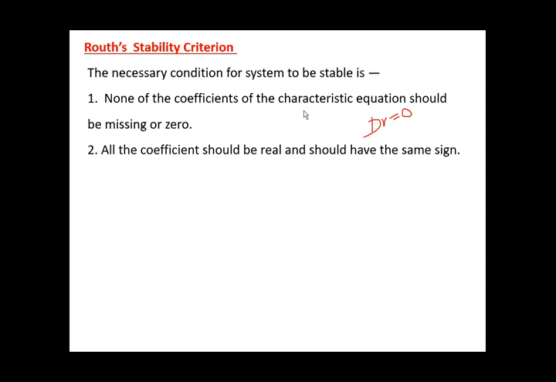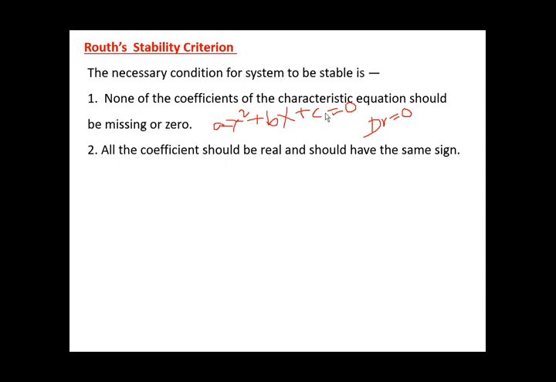For example, if we consider ax square plus bx plus c equal to 0, and if we consider this equation as a characteristic equation, then a, b and c are the coefficients of the polynomial. These are the coefficients and no coefficient must be missing.